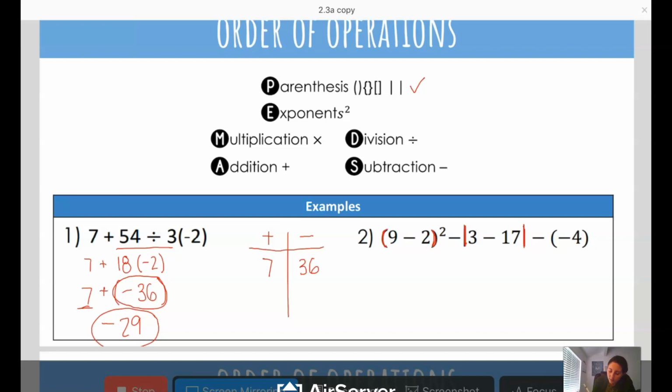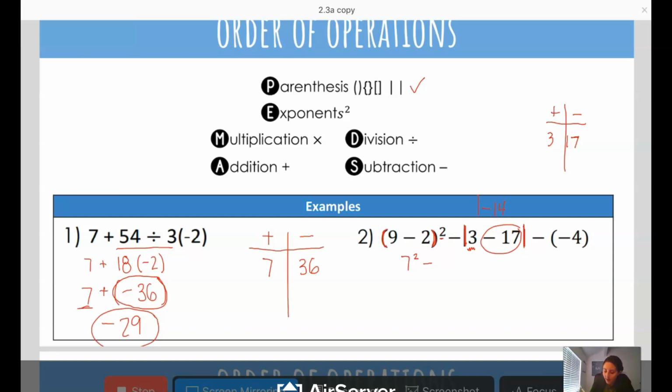So 9 minus 2 is 7, and don't forget that's squared, minus the absolute value of 3 minus 17. Well, 3 minus 17, we have a positive 3 and a negative 17. Who's winning and by how much? The negatives are winning by 14, so that's going to be negative 14.